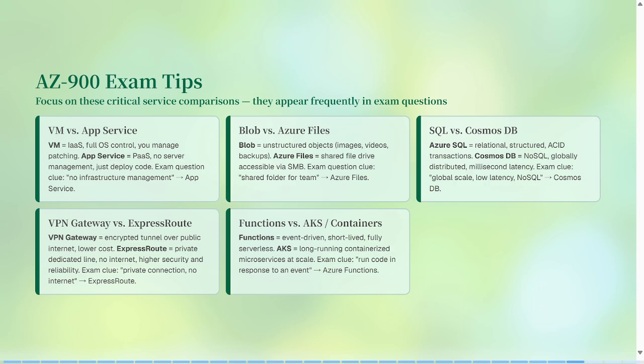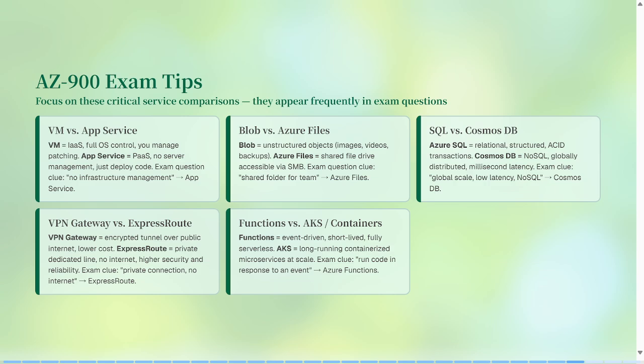You simply deploy your code. If a question says no infrastructure management, the correct answer is almost always Azure App Service. So VM equals full control, more management. App Service equals no server management, just deploy code.